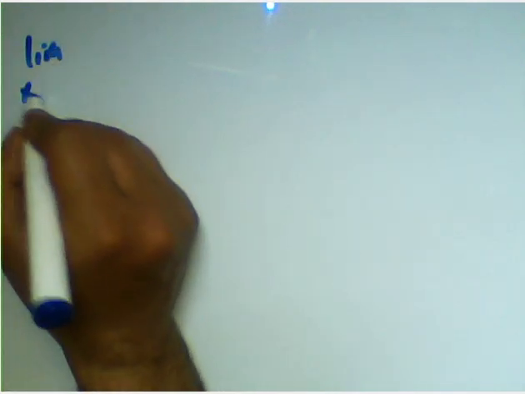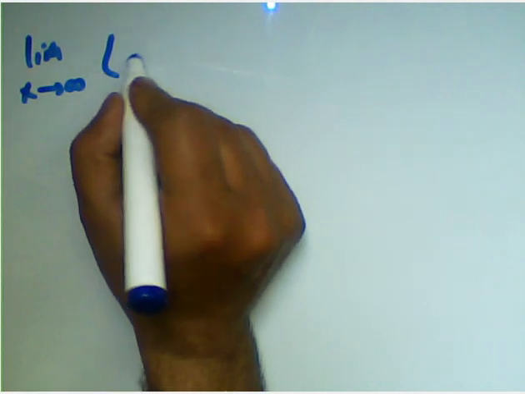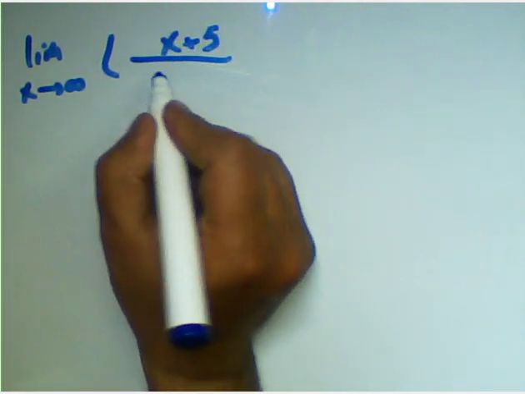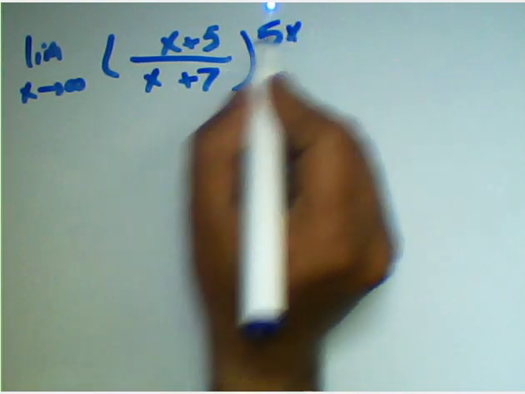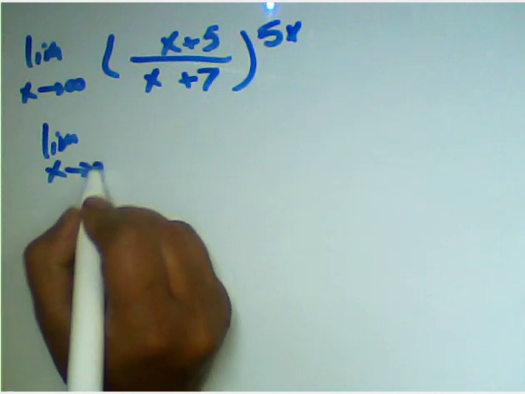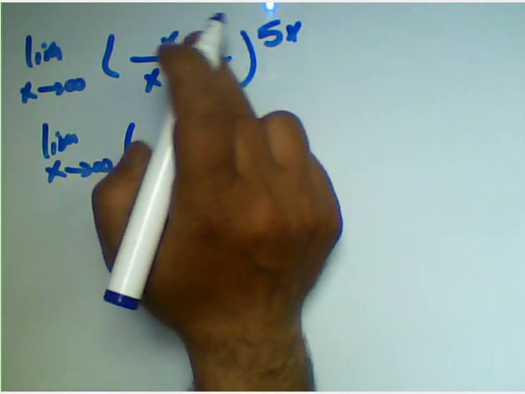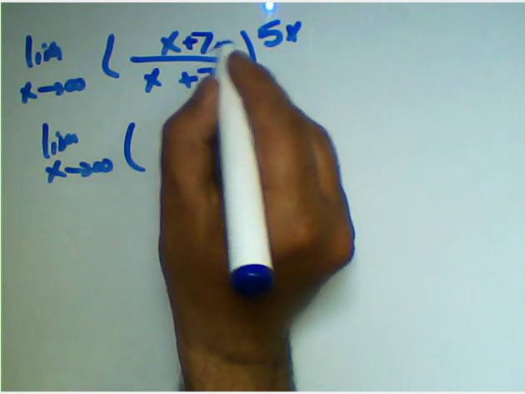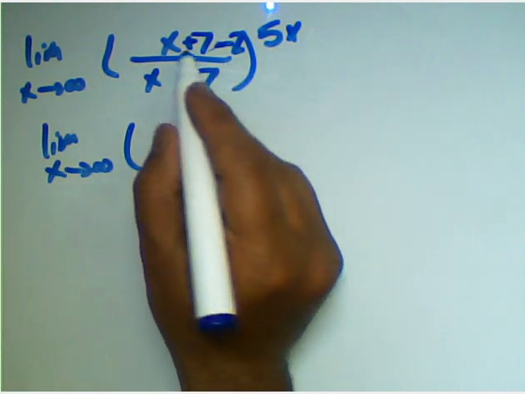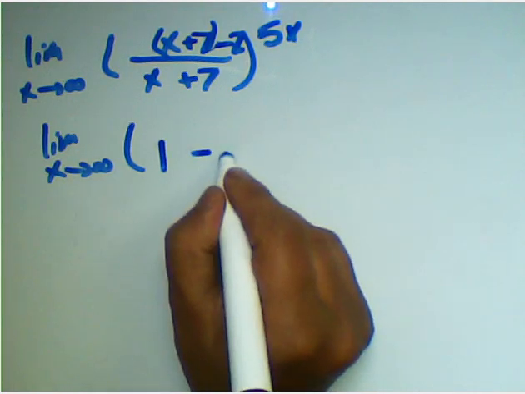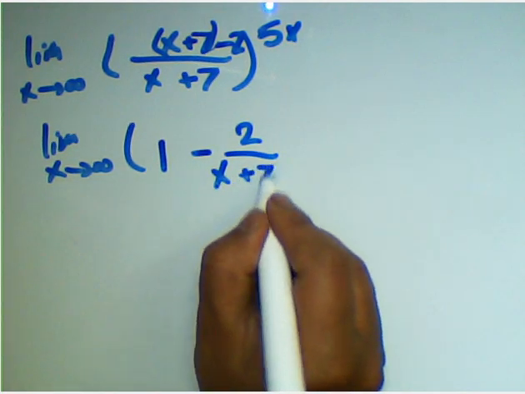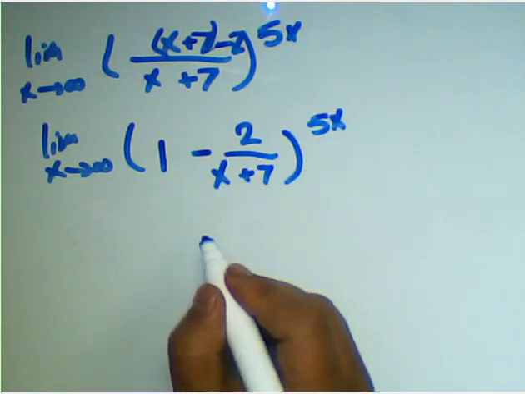Next question here: the limit when x approaches infinity of the function ((x+5)/(x+7))^(5x). We can write the limit when x approaches infinity, and in this function we can write 5 as 7 minus 2, and then divide them: (x+7)/(x+7) equals 1, subtract 2 over x + 7 in the denominator, all to the power 5x.